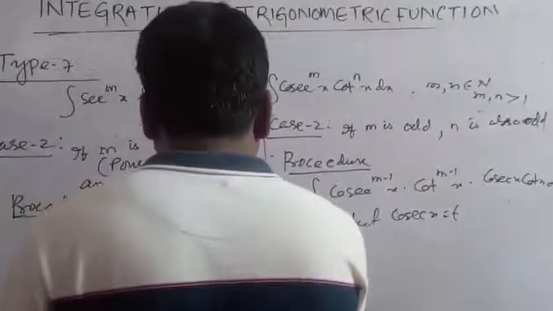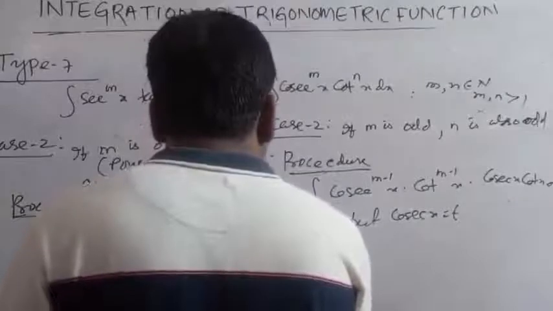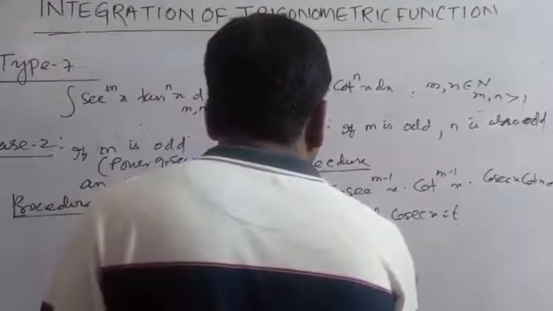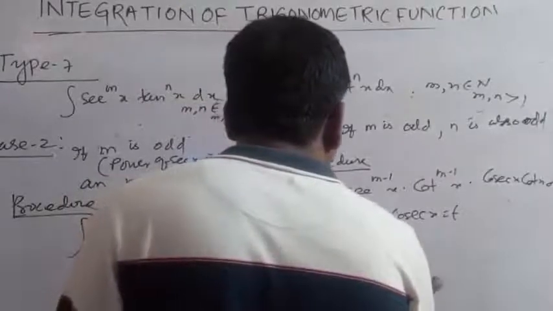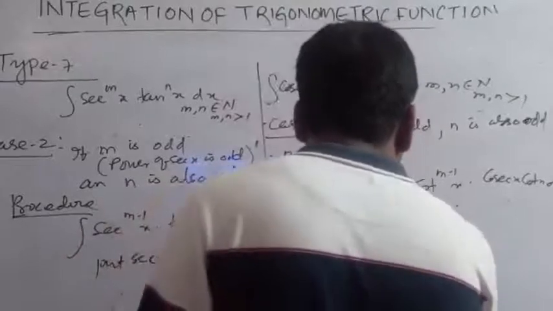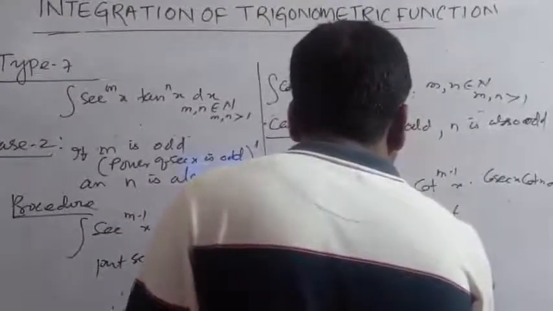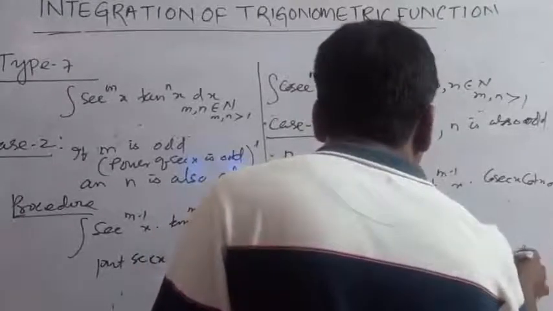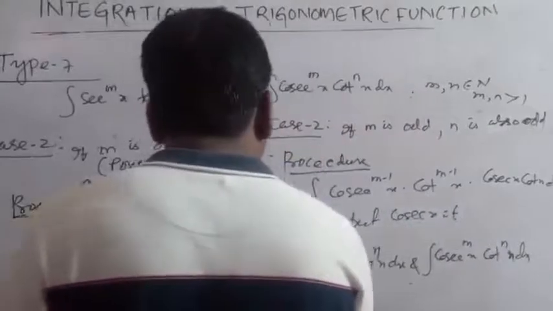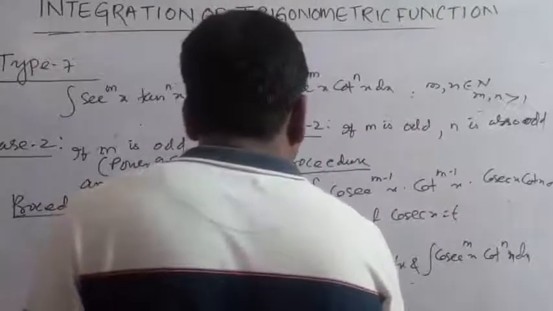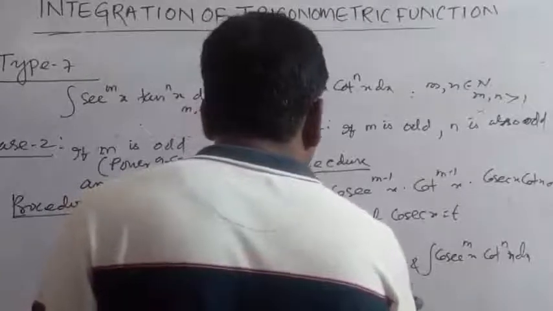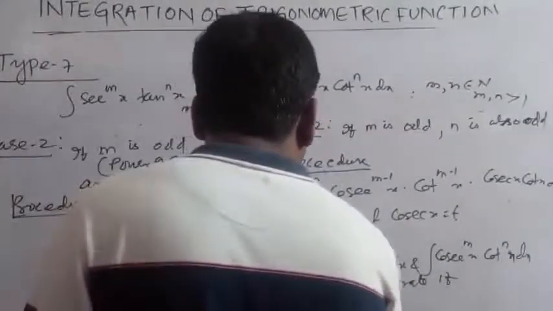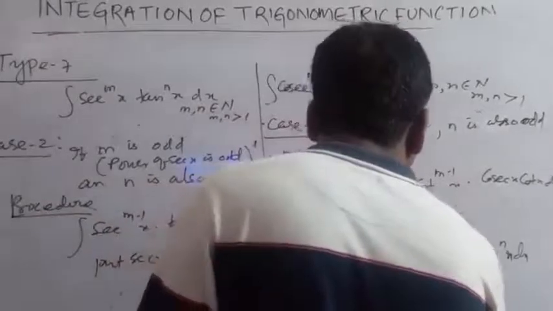Note: sec mx into tan nx dx and cosec mx cot nx cannot be integrated if m is odd and n is even.